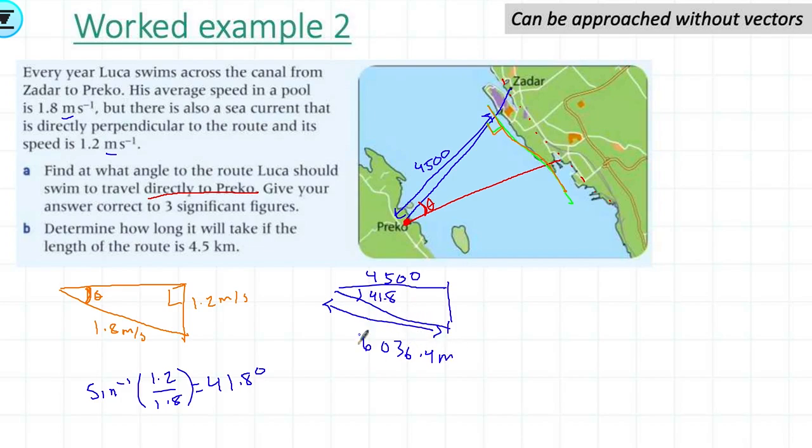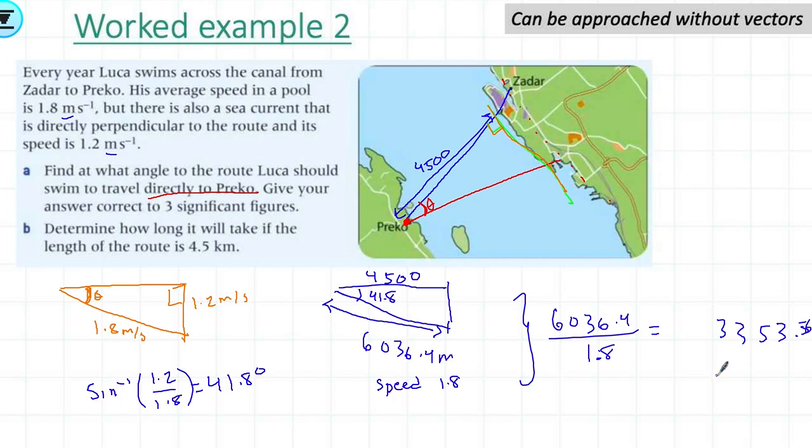And then because I know this is the distance, and I know that his speed is 1.8, then I can use the speed distance time formula to find the time that this path is going to take, which is just going to be 6036.4 over 1.8, and that is 3,353.56. We're dealing with seconds here, so this converts to approximately 55 minutes and 54 seconds.